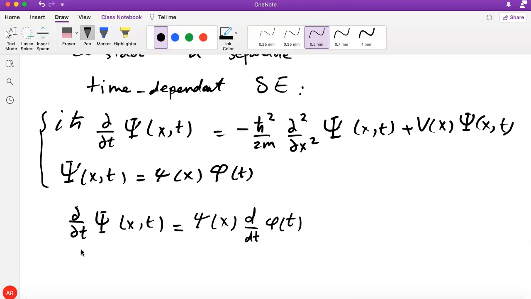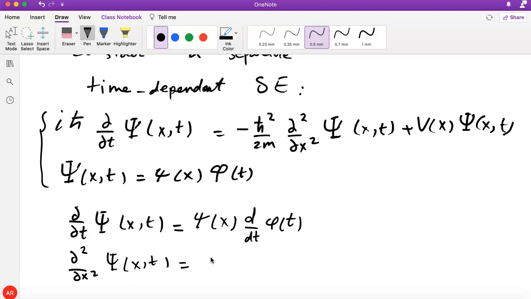Okay, so that's easy. Similarly for this guy, the second derivative with respect to position, now I'm in this function of position and time, it's like I'm fixing time, I just set it to be some number, and I just find the derivative with respect to position. So now this phi of t is a constant. It doesn't depend on x as far as I'm interested in that derivative.